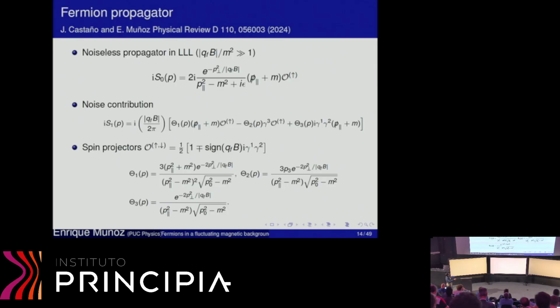It's polarized on the parallel spin sector. And a noise contribution, which is proportional to the noise autocorrelation function, which is this S1 term, where these functions, θ1, θ3, are defined by these polynomials. Of course, we have as well the spin projectors, as usual.